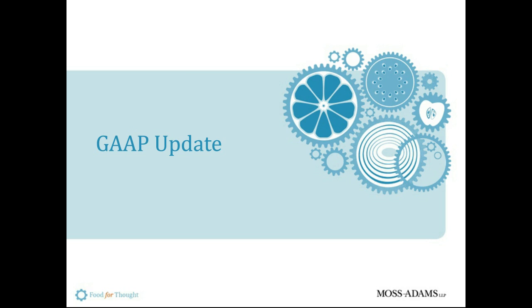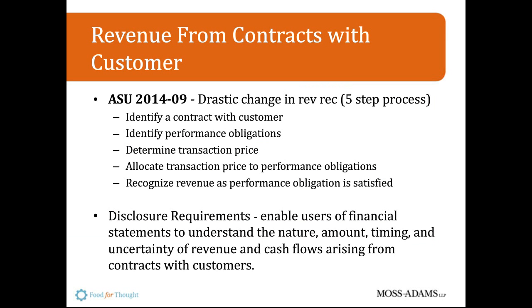So the first ASU that I want to cover is revenue from contracts with customers. This came out in May of 2014, ASU 2014-09, and the point of this update is to make a more uniform way of recognizing revenue. The previous revenue recognition GAAP standard was fairly broad.